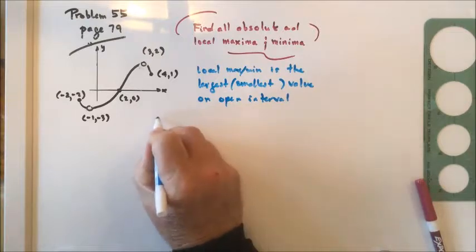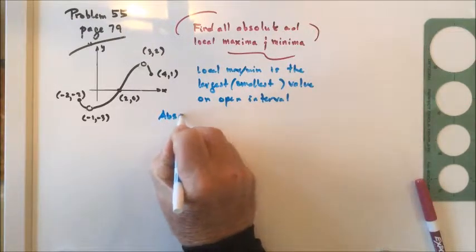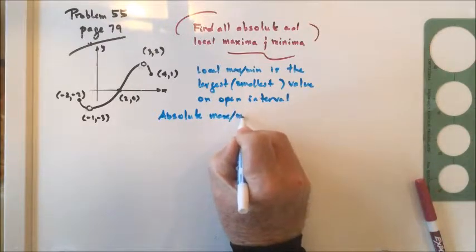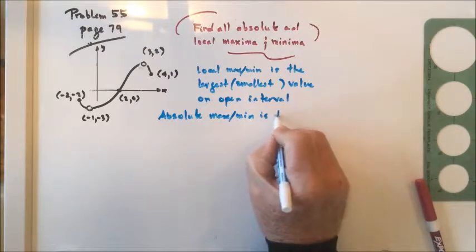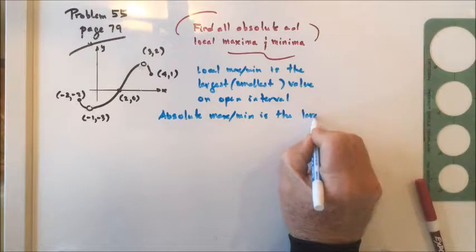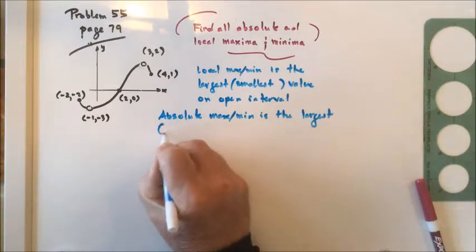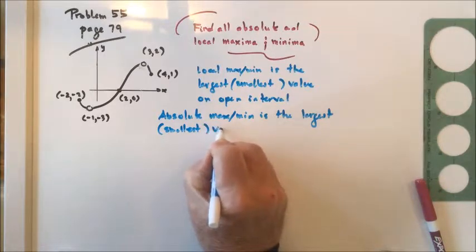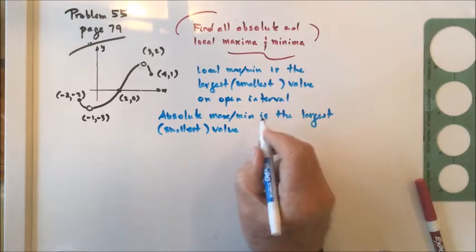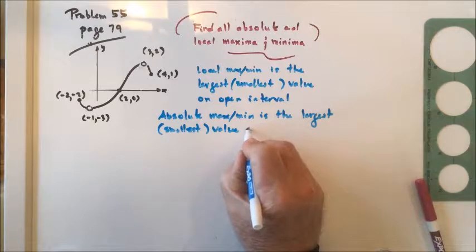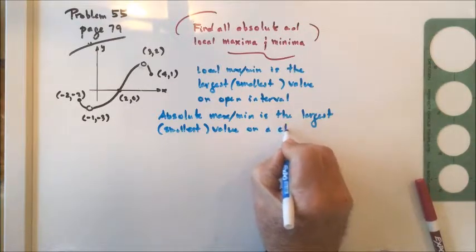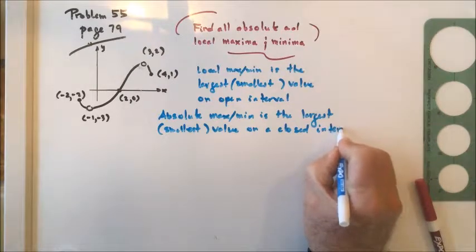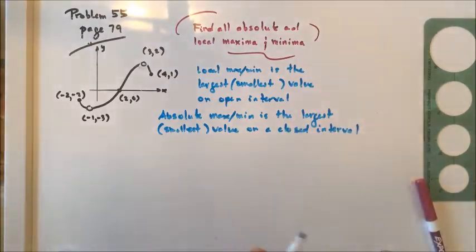And an absolute max or min is the largest or smallest value on a closed interval. That's a little bit of an informal definition, but let's go look at the implications associated with open and closed intervals.